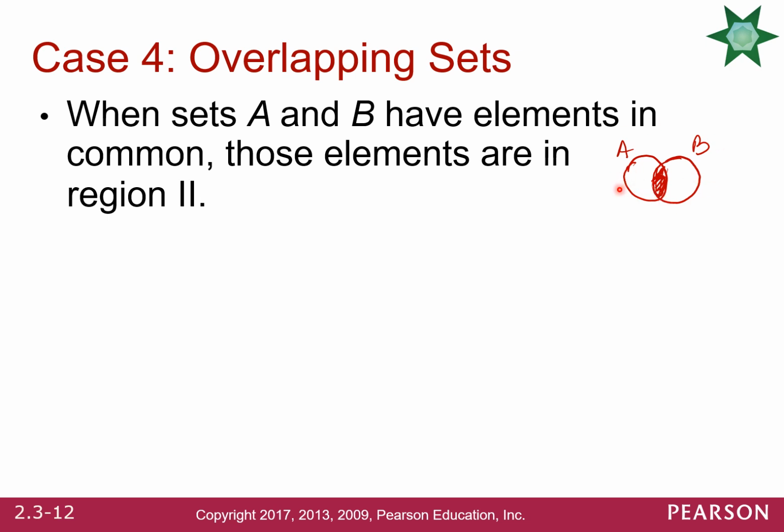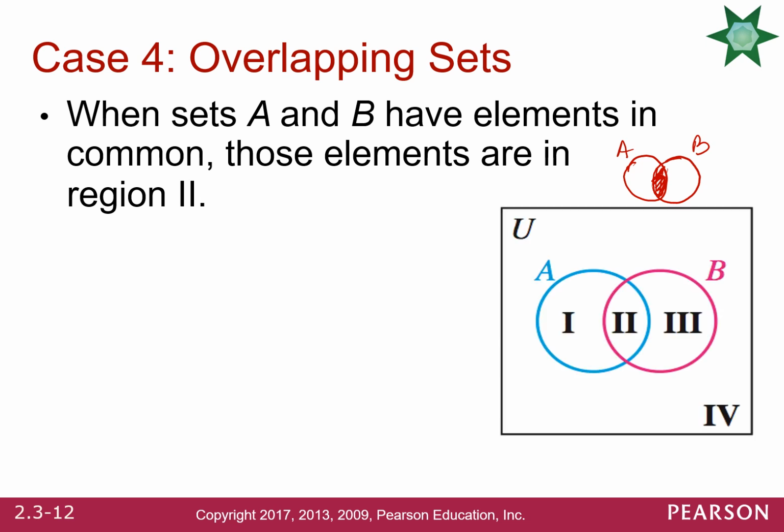Set A would have some elements, then there would be the common elements in the intersecting region, and then elements of B which are not in A would appear in the third region. So when sets A and B have elements in common, those elements are in region 2, the common region.